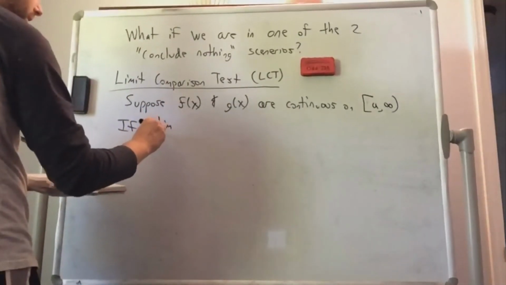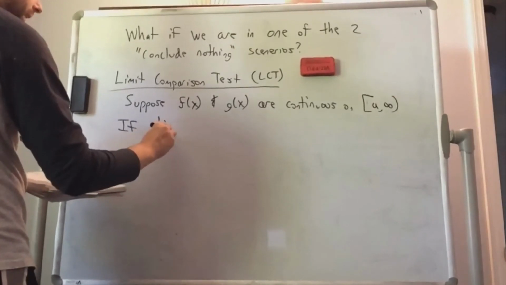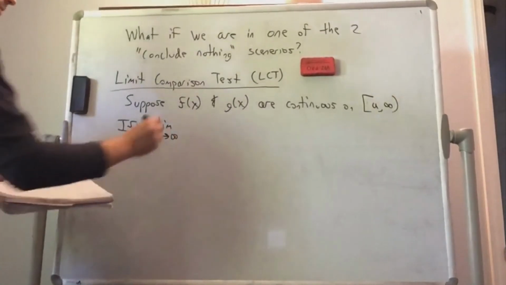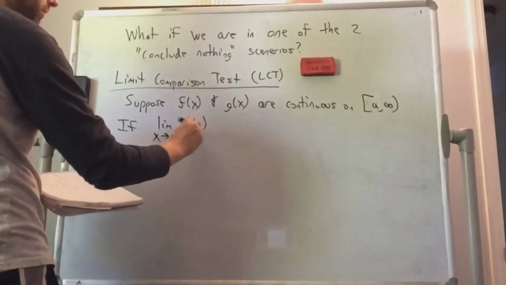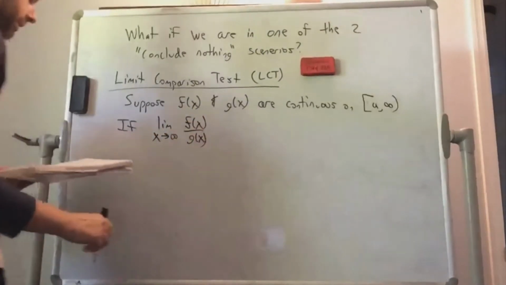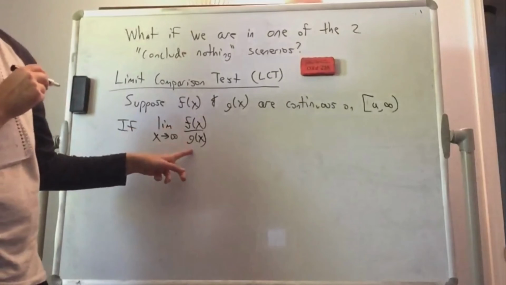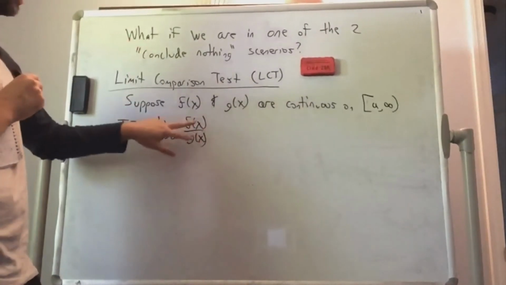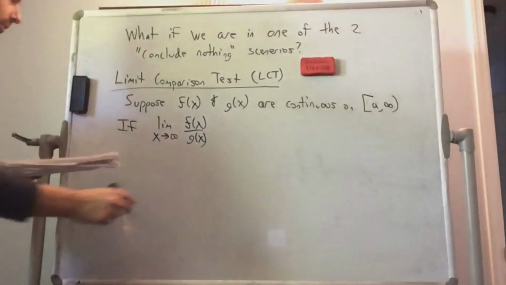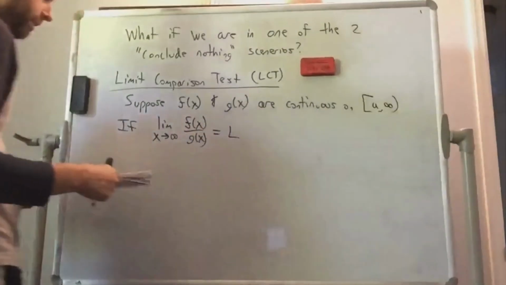So the approach now is we set up a limit as x approaches infinity of f of x over g of x. Which one goes on top and which one goes on bottom actually doesn't matter. You just divide the 2 of them in either order, and you get a limit.